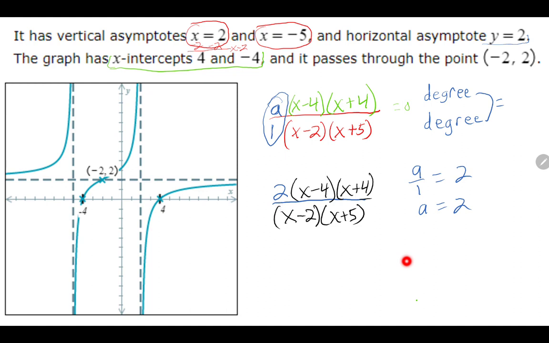Done. That's it. Now, sometimes the horizontal asymptote is 0. And when it is 0, I know that the degree on top is less. So the degree of my numerator is less than the degree of my denominator.